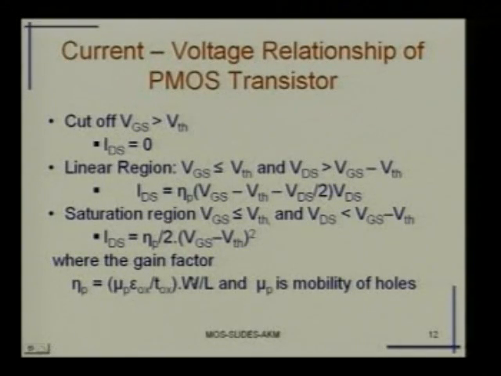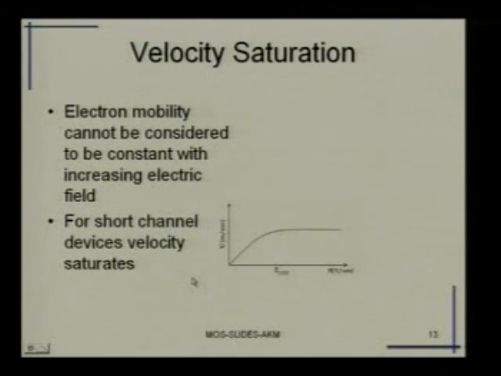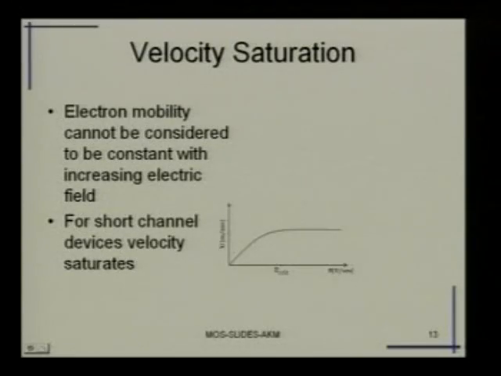Now, another factor you should take into account in the analysis of the transistor, particularly when we are going for very short channel devices, which is the case today. Why is that the case today? Because we are decreasing the length of the channels very much.